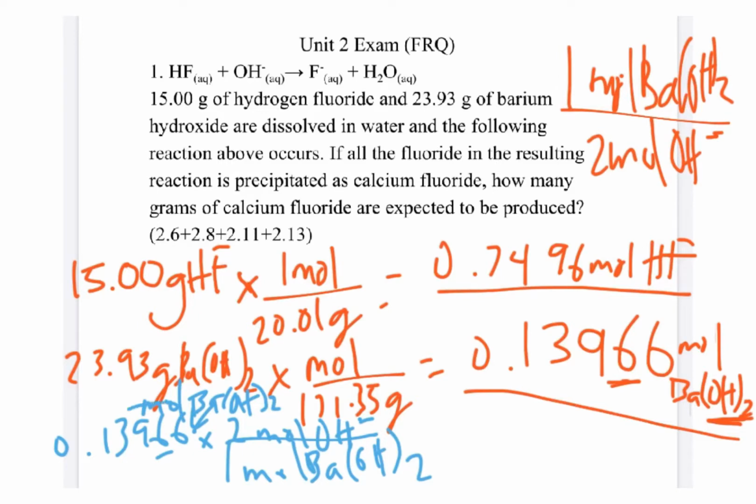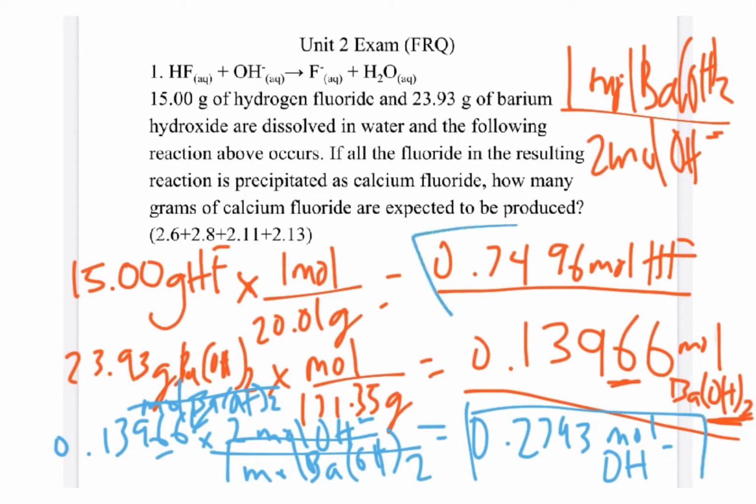Notice how the moles of barium hydroxide cancel out because of unit canceling, and we get twice as many moles of hydroxide, or about 0.2793 moles of hydroxide.